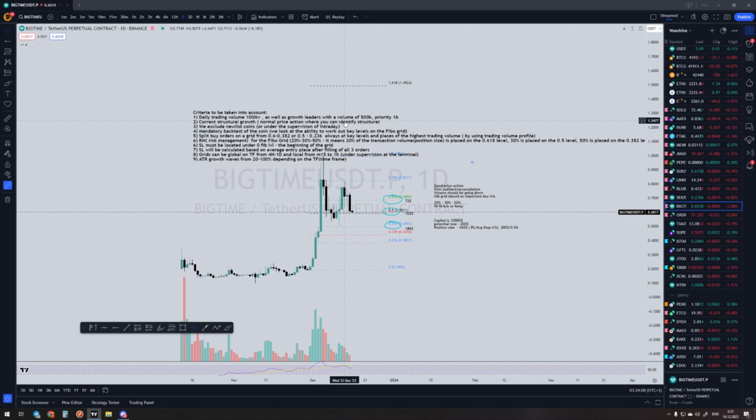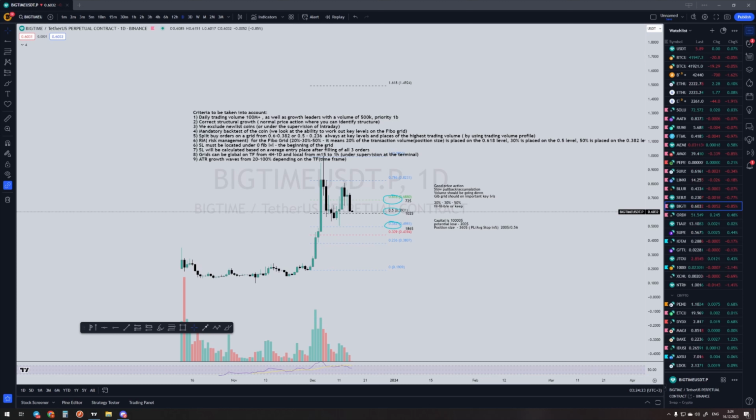Correct structural growth, so higher high, higher low, higher high, higher low on high time frames. You also have to do some kind of backtest, so you will see how the coin acts.